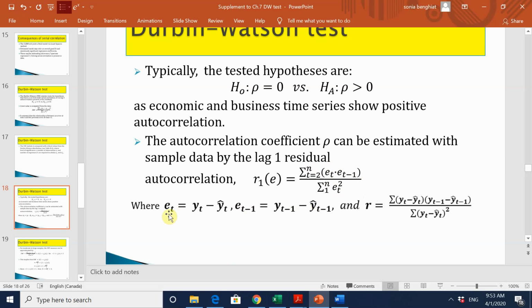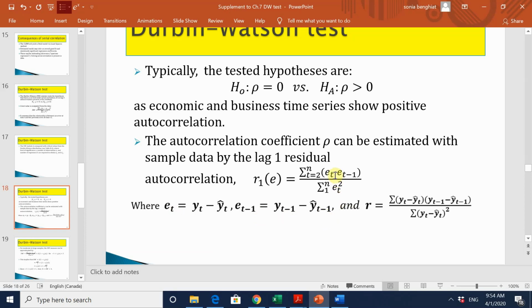The error term at time t is just the difference of the observed y_t minus its predicted value. That is how the error term at time t is defined. Likewise, the error term at time t minus 1 is the difference between the observed y at t minus 1 minus its predicted value at time t minus 1. So here we are looking at the product of two deviations.